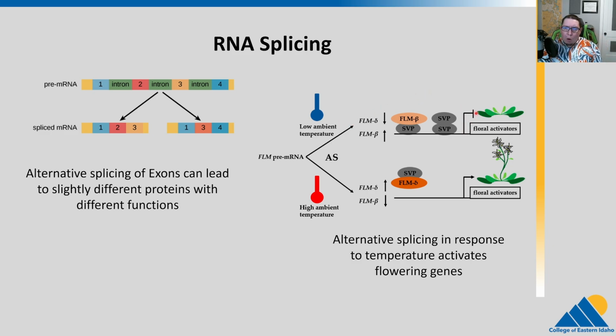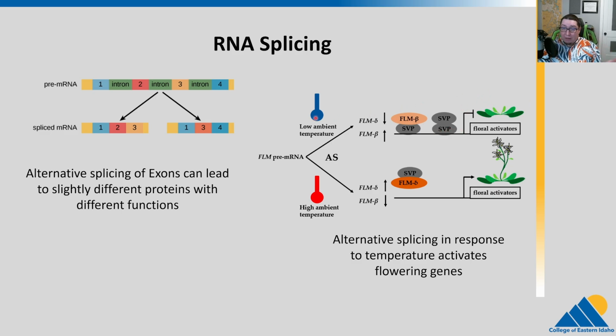Anytime you see a bar like this, it means something's being inhibited. So here we have a temperature-sensitive splicing that's occurring. Under low temperatures, FLM gets spliced into the beta form. Under high temperatures, it gets spliced into the delta form. The beta form of FLM inhibits floral activation.